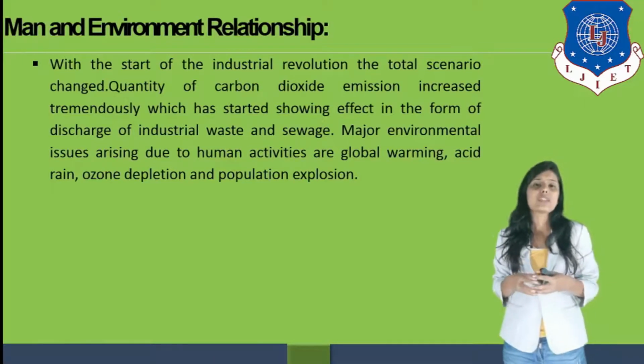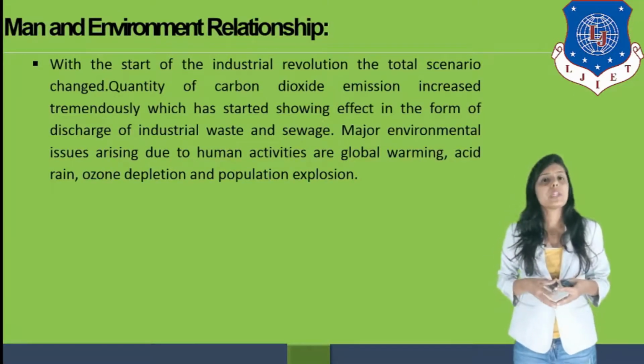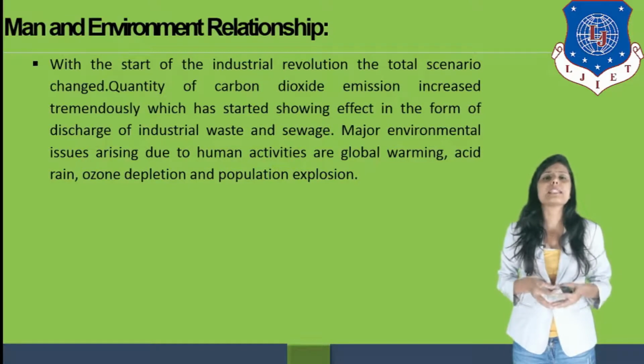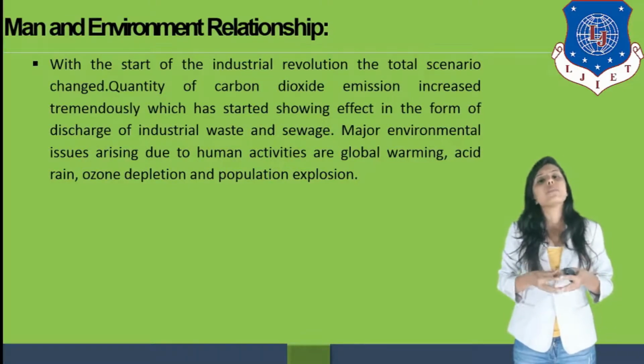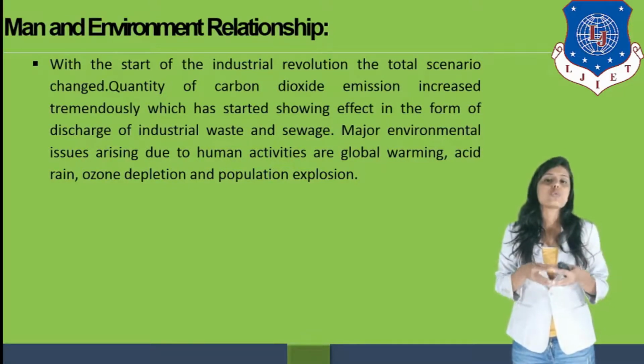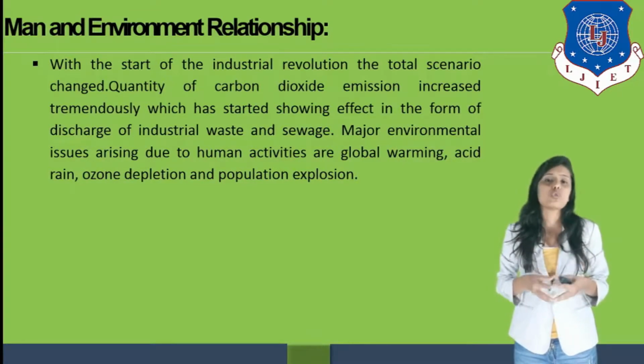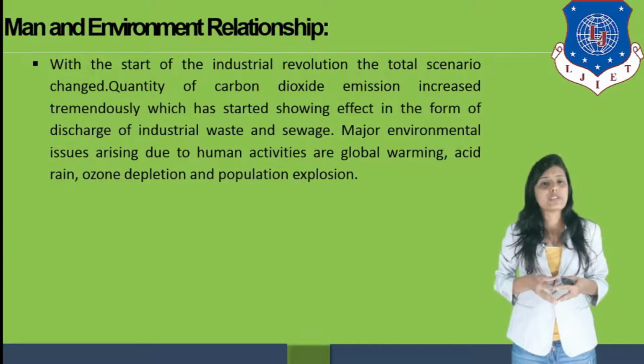With the start of the Industrial Revolution, the total scenario changed. The quantity of carbon dioxide emission is increasing tremendously, which has started showing its effect in the form of discharge of industrial waste and sewage. Major environmental issues arising due to human activities are global warming, acid rain, ozone layer depletion, and population explosion.